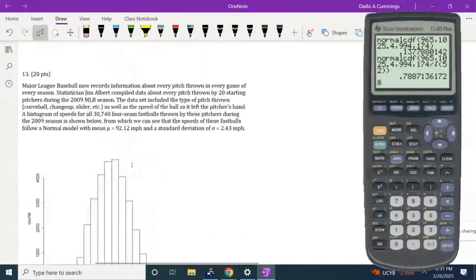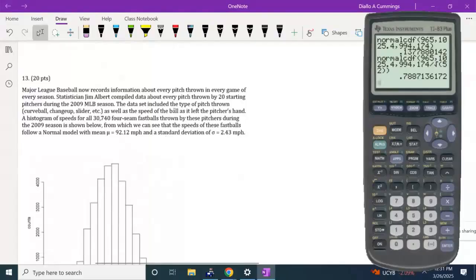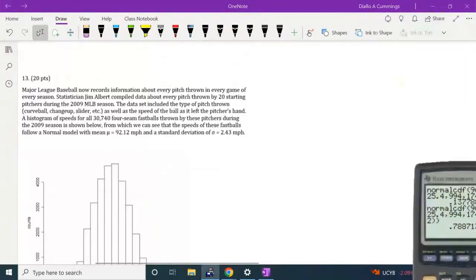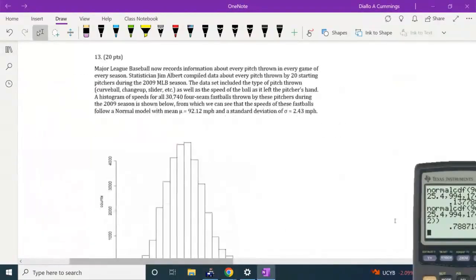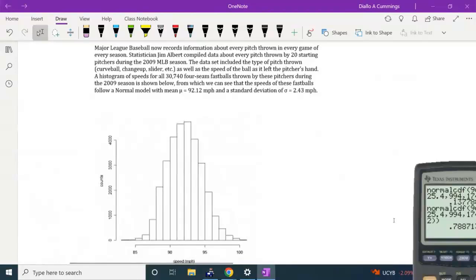All right, now the last problem, number 13, which is actually problem number 14 on the answer key. Okay, so here's how it reads. It says Major League Baseball now records information about every pitch thrown in every game of every season. Statistician Jim Albert compiled data about every pitch thrown by 20 starting pitchers during the 2009 baseball season.